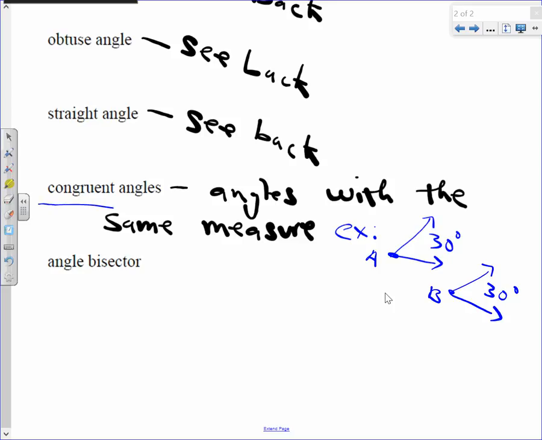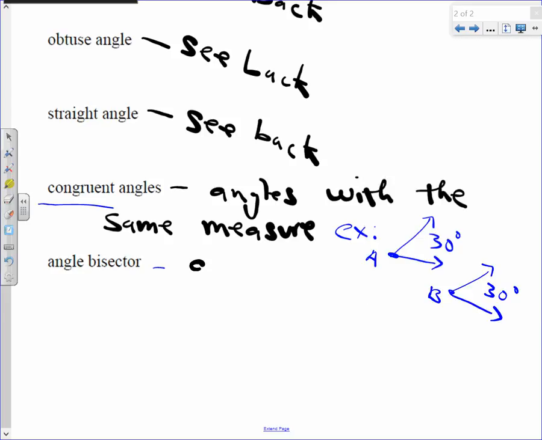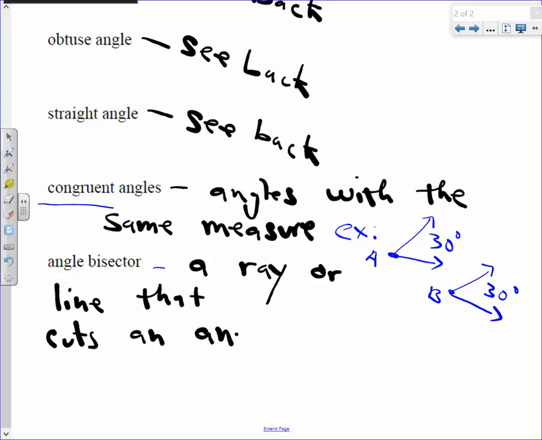And last but not least, the angle bisector. A ray or line that cuts an angle in half.